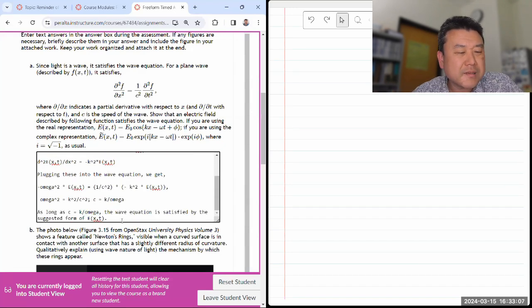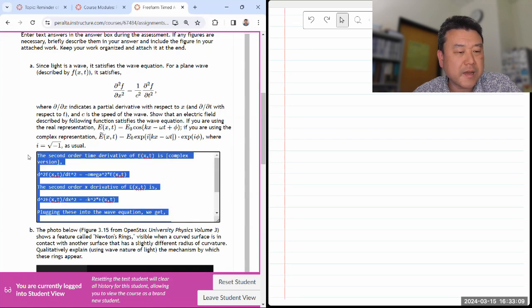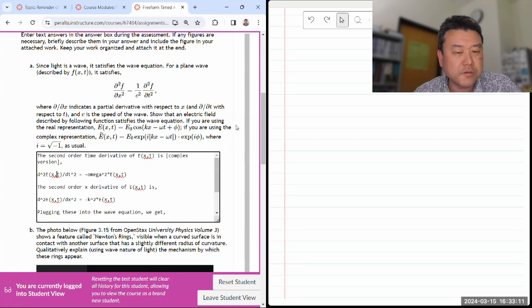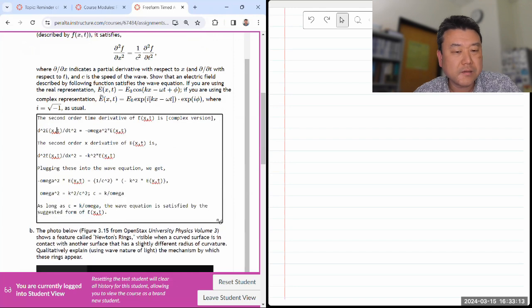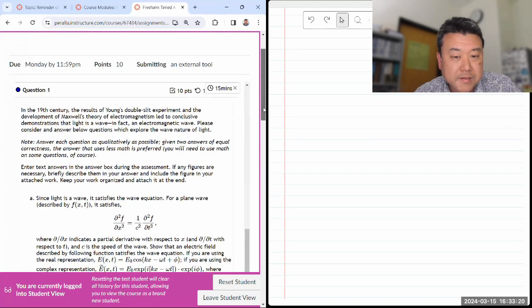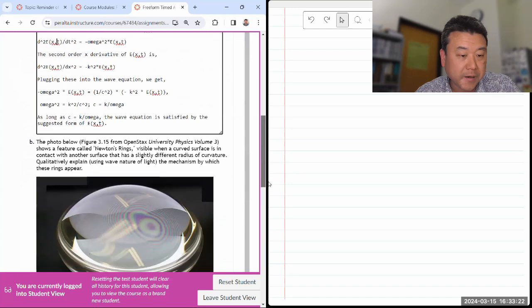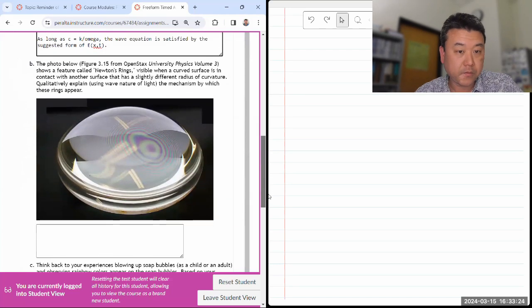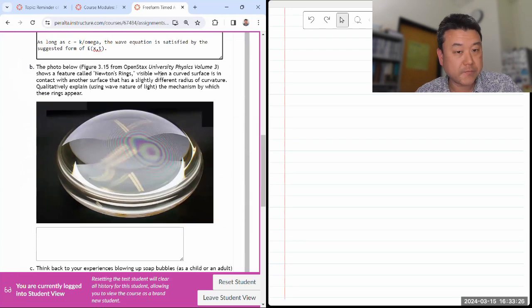And this is probably a little bit on the sparse side, but someone giving this answer, I would think, probably understands the key things. They are just under time pressure and didn't write down things they felt they didn't have to. Okay, so that's part A. Part B, the photo below shows Newton's rings visible when.